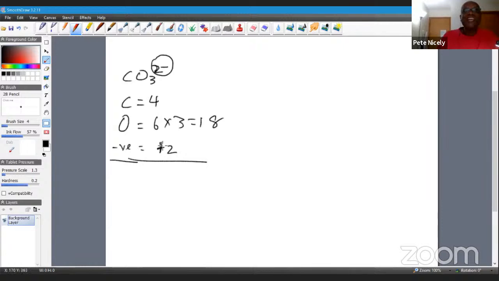Remember I said for each negative charge, you add an electron, right? So basically, in addition to the 4 and the 18 that we talked about before, because you have a -2 charge, you have to just simply add 2 electrons. All right? So this gives a grand total of 24 electrons, which is equal to 12 pairs. All right? So we have 12 pairs to play with.